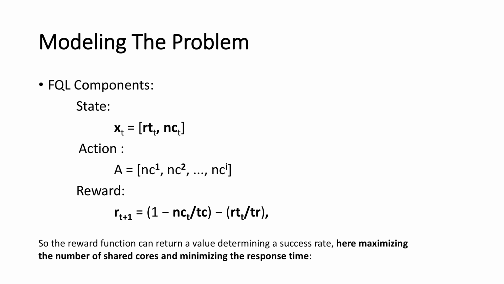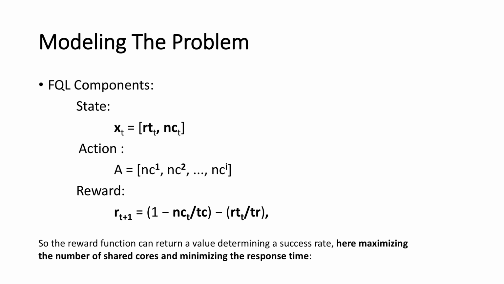So now let me explain how we modeled our problem into the FQL. FQL, or generally Q learning, or more generally reinforcement learning algorithm, has three main components: state, action, and reward function, as we explained in previous slides.